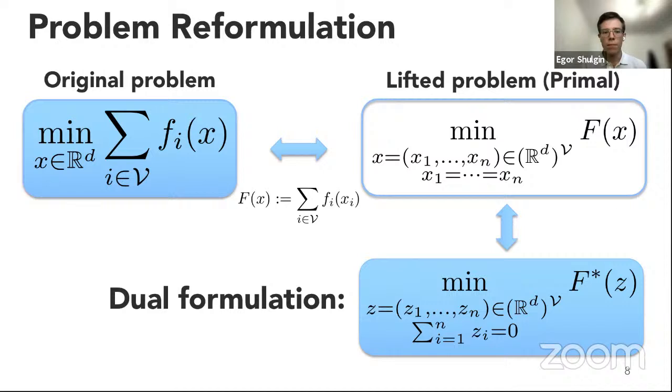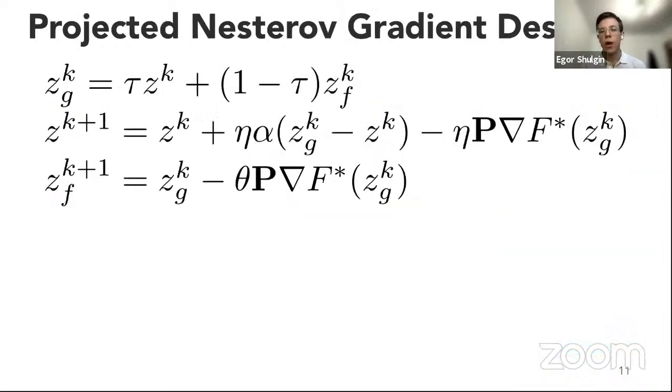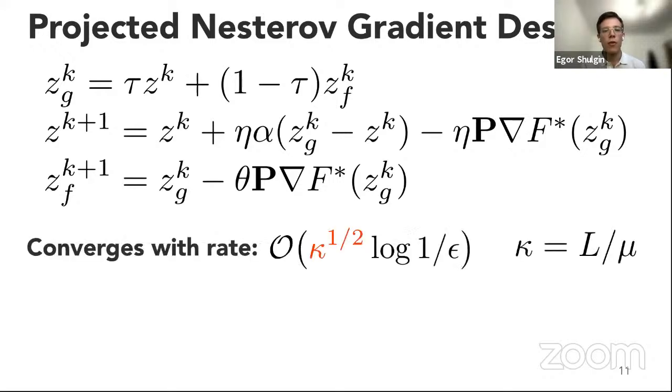for this dual problem. And a natural way to tackle it is to use a version of projected Nesterov's accelerated gradient method, or PNGD. Here, P is an orthogonal projection matrix onto the dual problem constrained subspace. This algorithm converges with the optimal rate, square root of kappa times log 1 over epsilon, where kappa is the condition number of the function f.